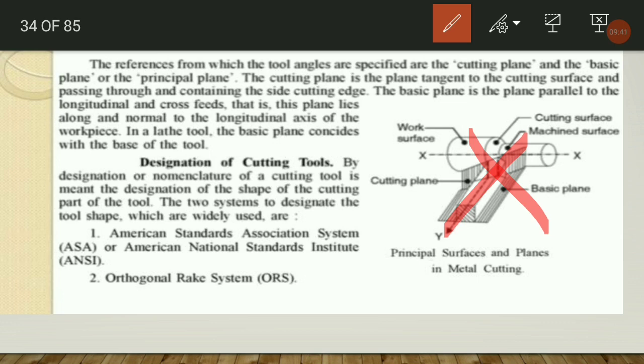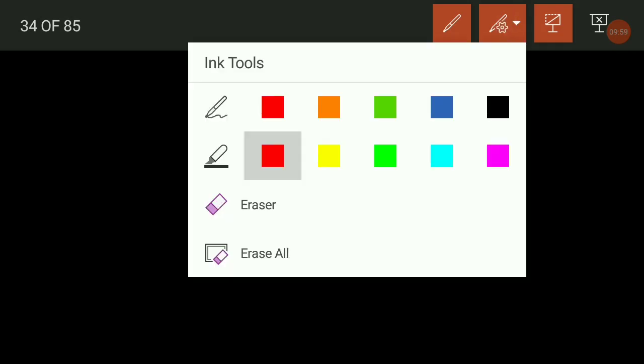Now if you consider this ASA system, in ASA there are generally 7 elements for describing a particular tool, both in case of ASA and ORS system.